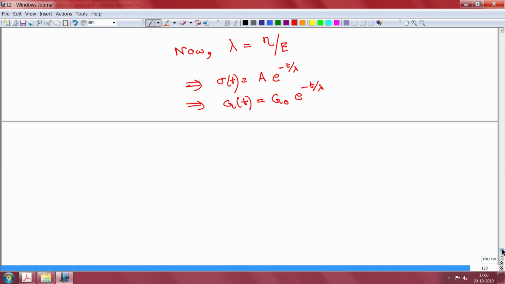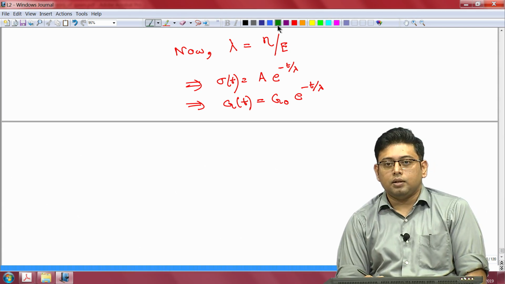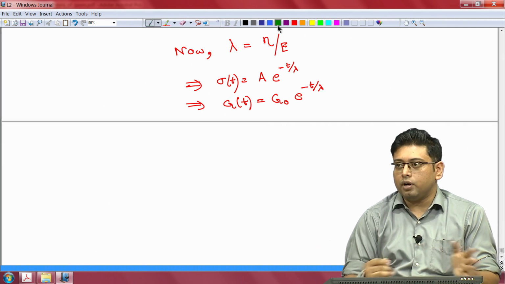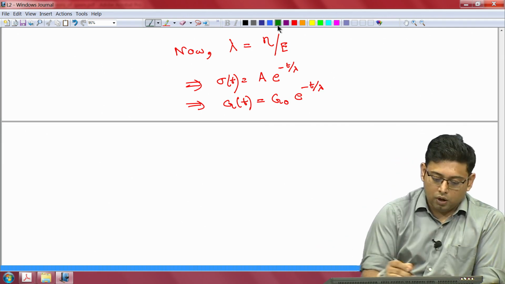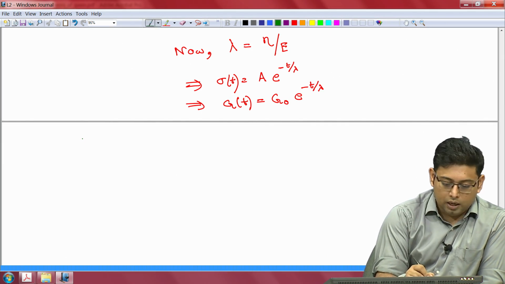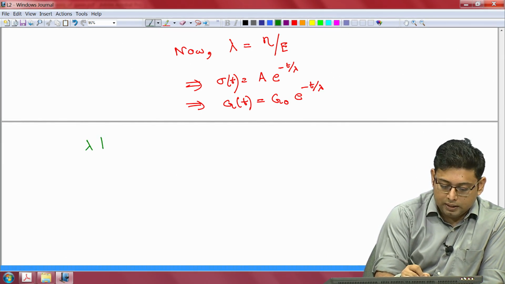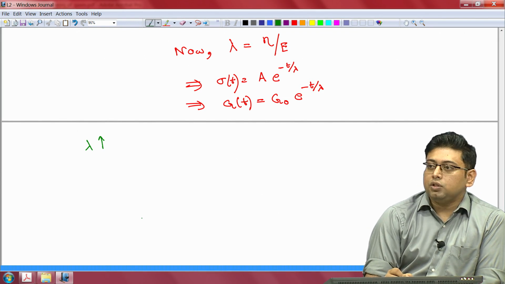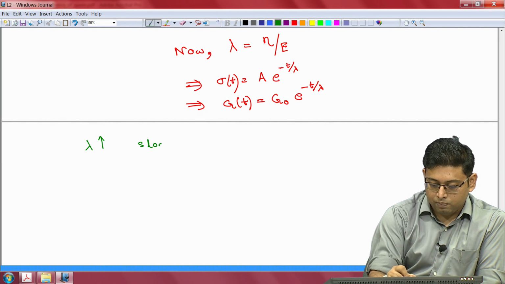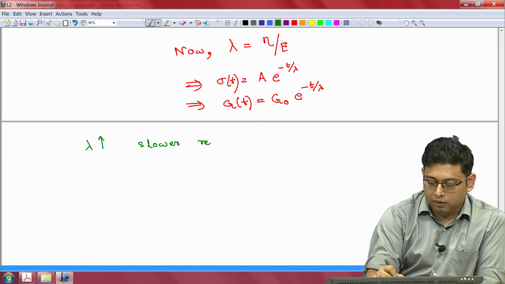Now, let us just do a quick sanity check. In this quick sanity check, we want to ask whether the material will behave the right way if you take different limits. So, if the material is more solid like, so if lambda increases, then the stresses should relax slowly, right. So, slower relaxation of stresses.